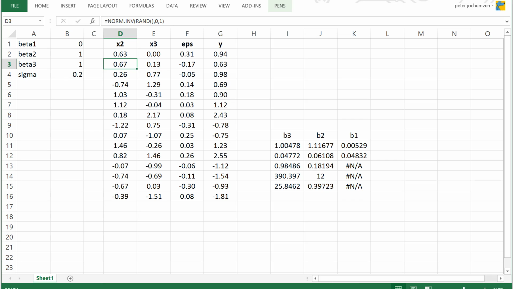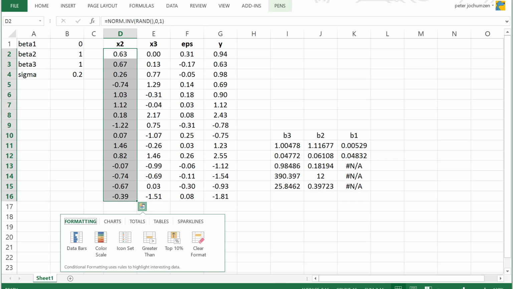And the way that random numbers are simulated in Excel is so that these will be independent. So this number here is drawn from a random variable which is independent of this one. That's exactly what we want because we do assume random sample, remember? So anything related to the first observation should be independent of anything related to the second observation. These are all drawings from independent random variables.